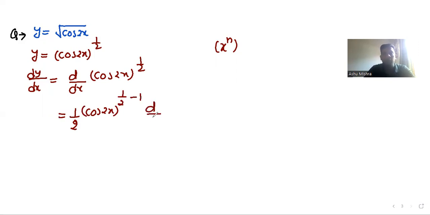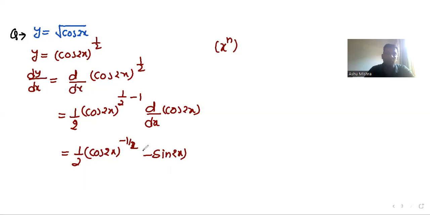Then after that, the derivative of cos 2x. That will be equal to 1 upon 2 cos 2x to the power minus 1 by 2. The derivative of cos is minus sin, so minus sin 2x. Then after that, the derivative of 2x.